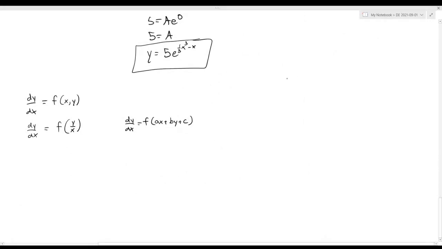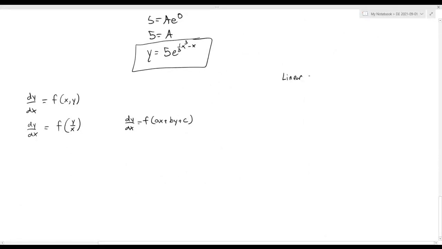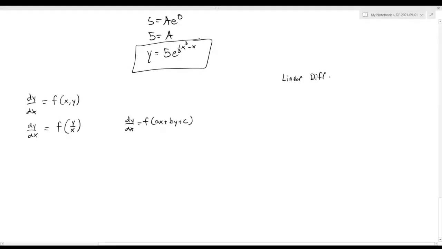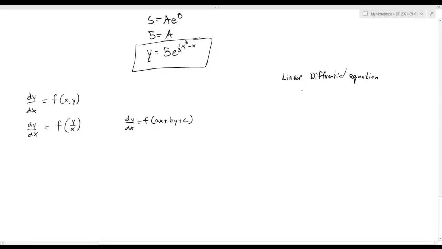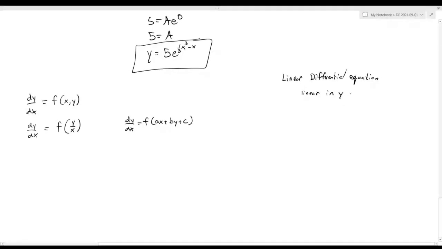So when we say a linear differential equation, we say that it's linear in y and its derivatives.